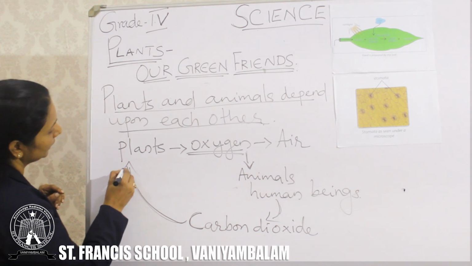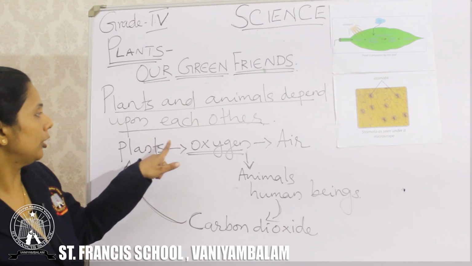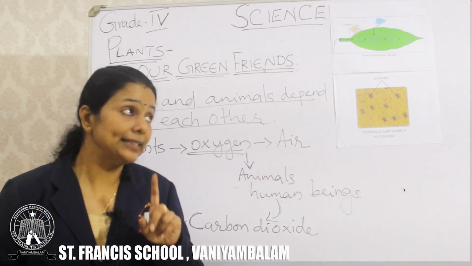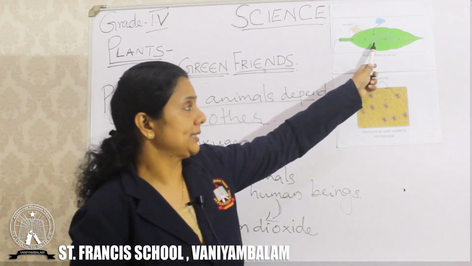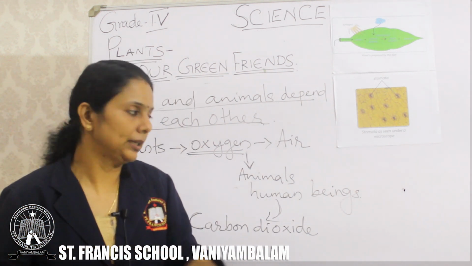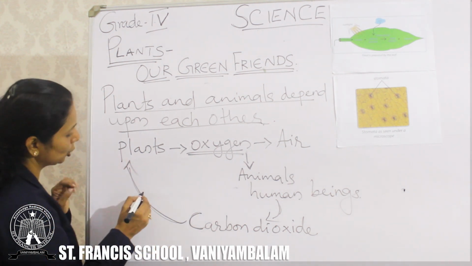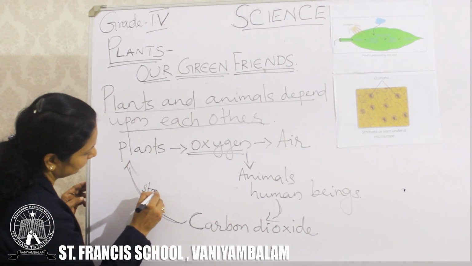See, this carbon dioxide is taken by plants for photosynthesis. So plants need what? Carbon dioxide for photosynthesis. So we breathe out carbon dioxide, and that carbon dioxide is taken by plants through stomata.